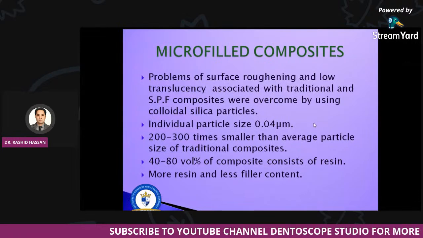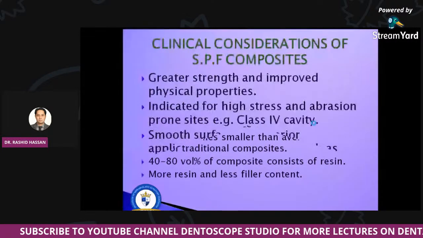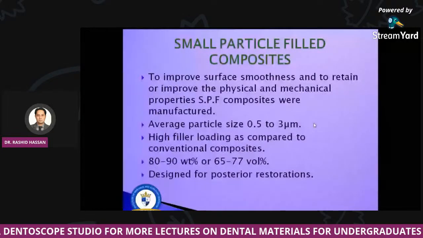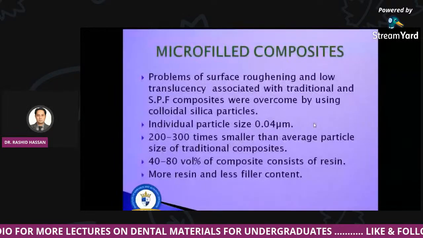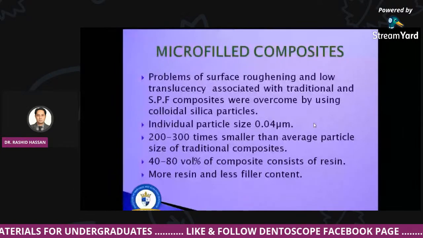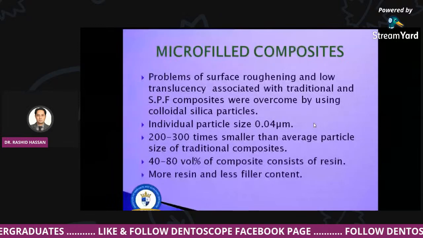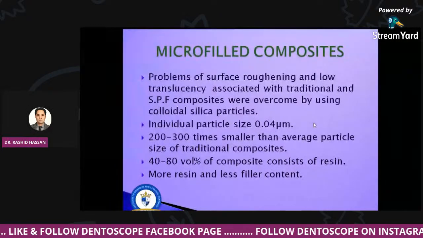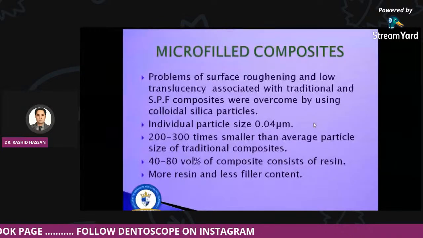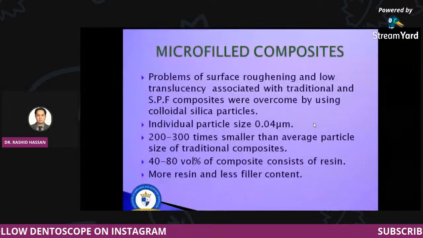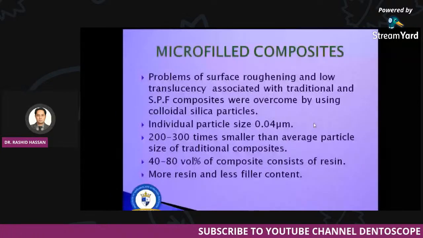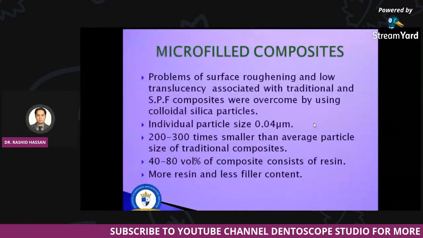Here it was 0.5 to 3, and previously it was about 8 to 12 micrometer, and here it is 200 to 300 times smaller than the average particle size of your traditional composite, which was introduced right at the start. So now we have reduced the size of the filler particles to a much smaller one. 40 to 80% of the composite consists of the resin.